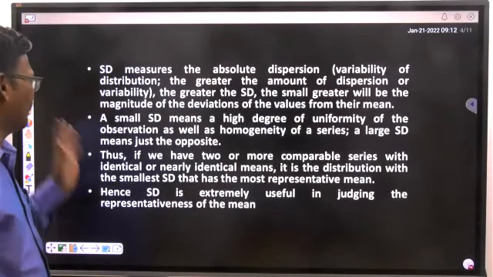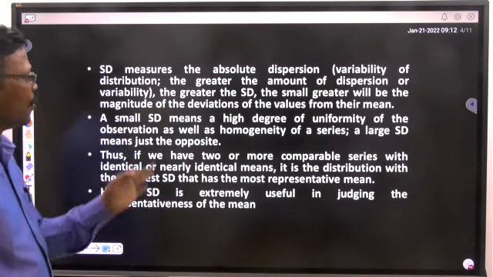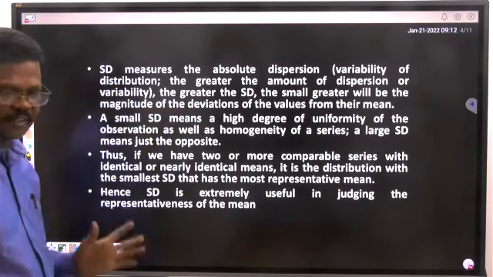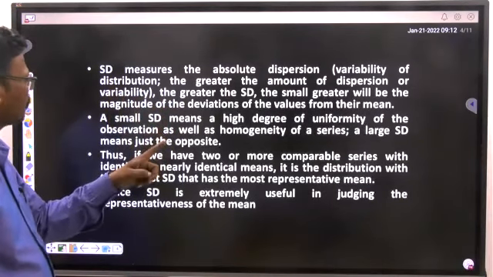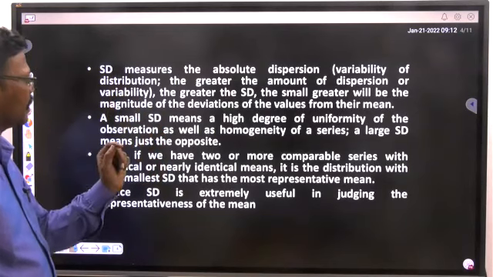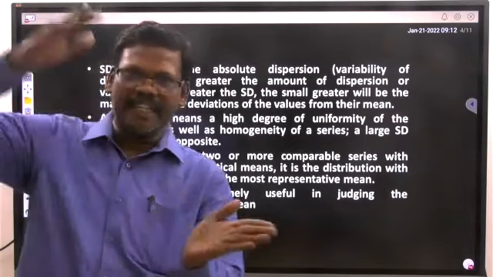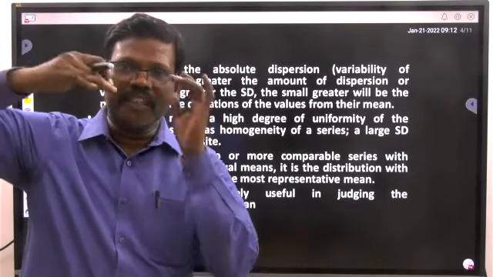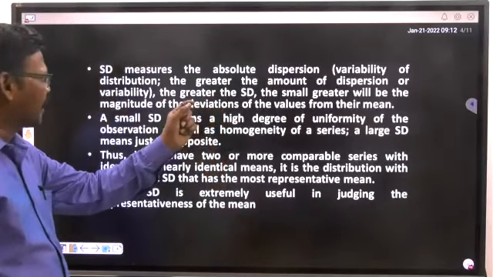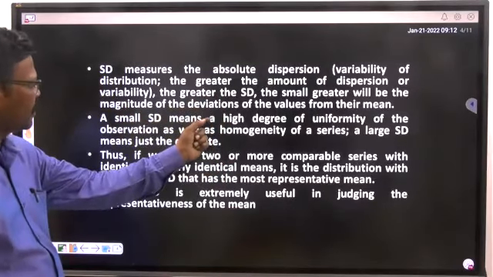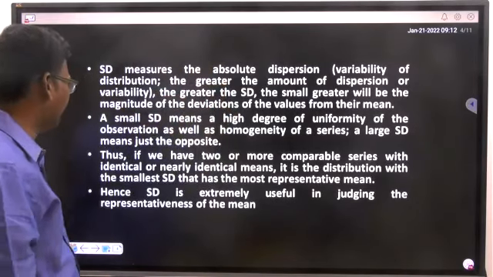The standard deviation measures the absolute dispersion or variability of the distribution. The greater the amount of dispersion or variability, the greater the standard deviation. The greater the magnitude of the deviations of the values from the arithmetic mean, the greater the standard deviation.